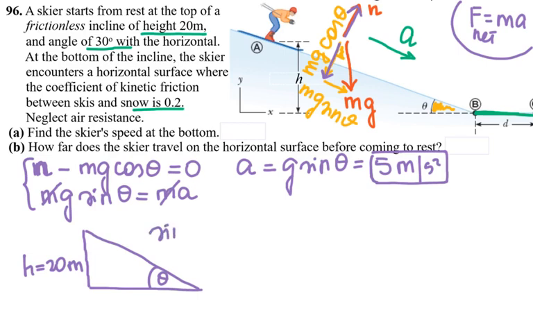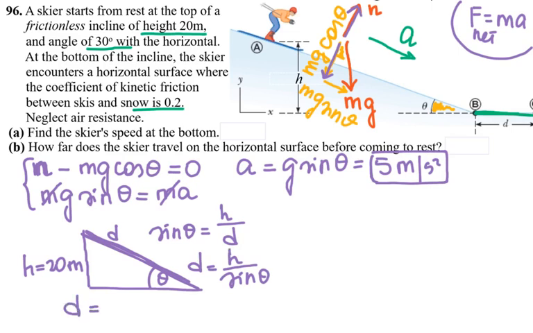So sine theta is equal to h over the distance he's traveling down the incline. So the distance is equal to h over sine theta. So the distance is equal to 20 divided by sine of 30, which is 1/2, gives me 40 meters. So he's going to travel a 40-meter distance.